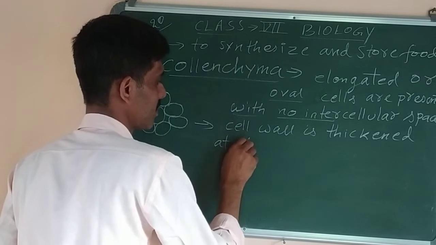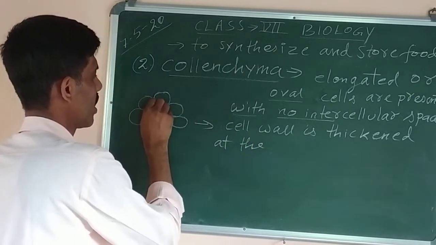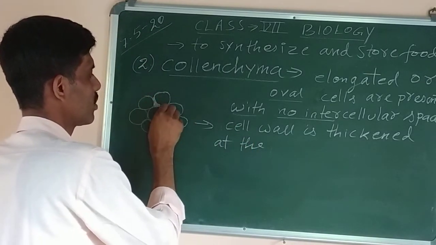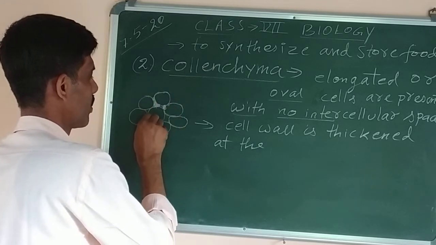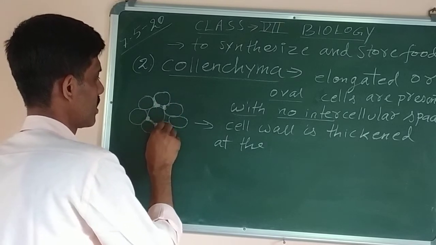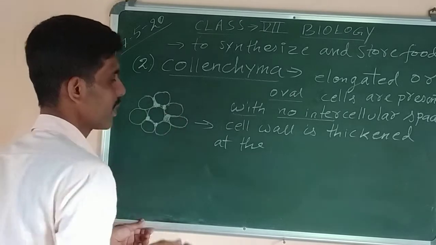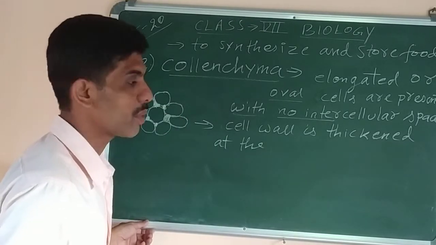At the corners, means in the corner part, the cell wall becomes thick. Why? Due to the presence of cellulose which is impregnated with a substance called pectin.